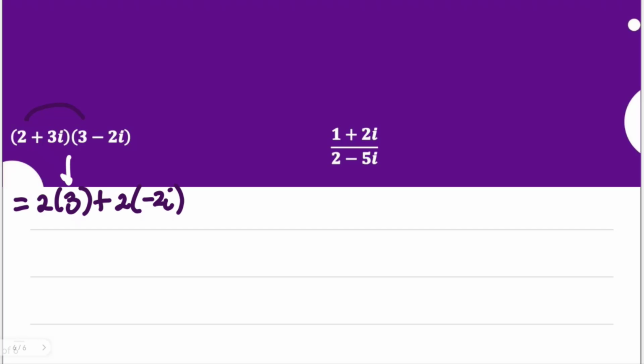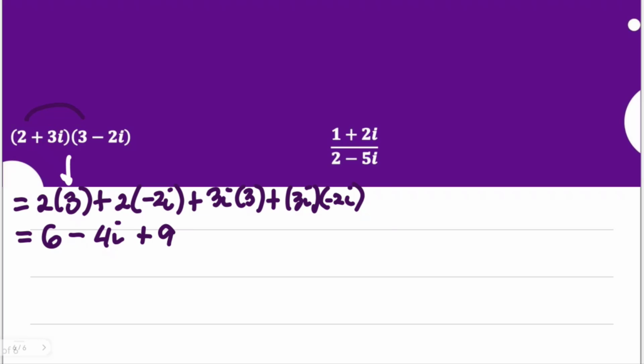Don't worry if I'm using plus, because later on the negative will still prevail in the multiplication process. Plus 3i times 3, and then plus 3i times negative 2i. This means this is actually 6 minus 4i plus 9i, then minus 6i squared.